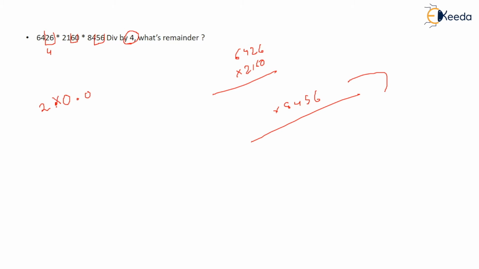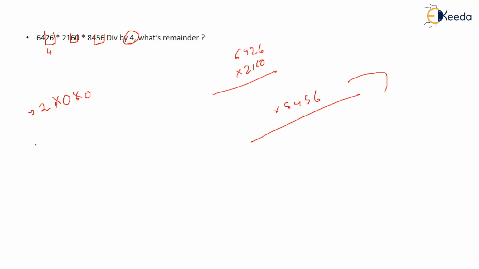So you know this principle that whatever big number you multiply, if you are multiplying it by 0, it comes out to be 0 only, right? So the remainder for this number will be 0.